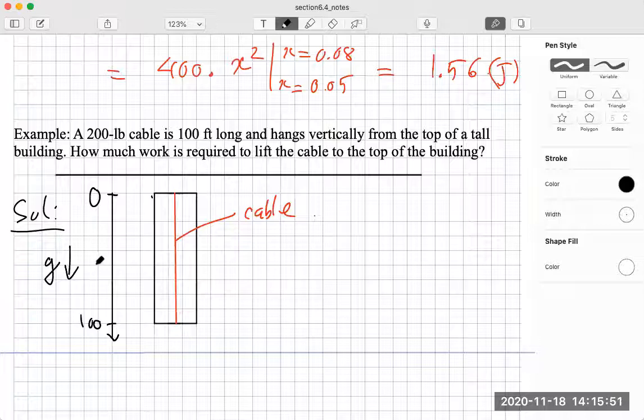Okay, now we need to compute the work. Yeah, this problem is confusing. Okay, the force, work done.